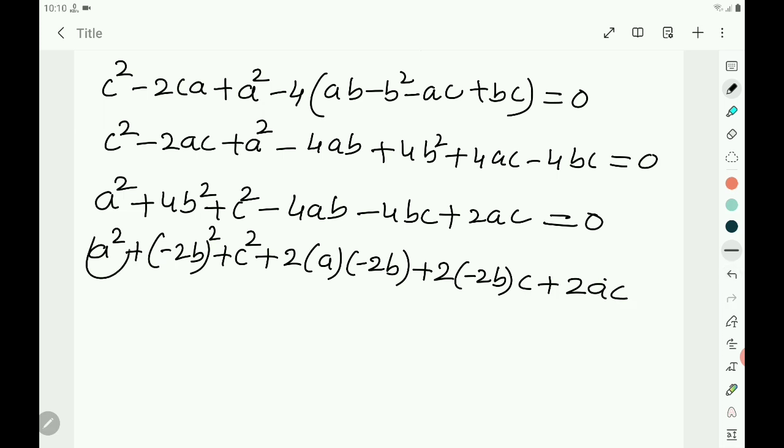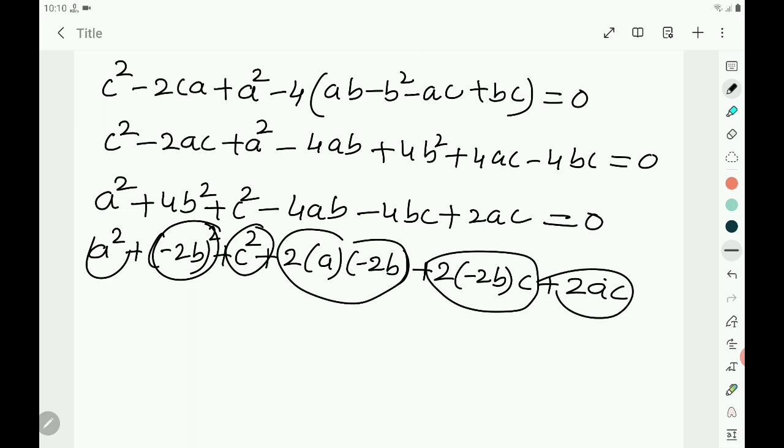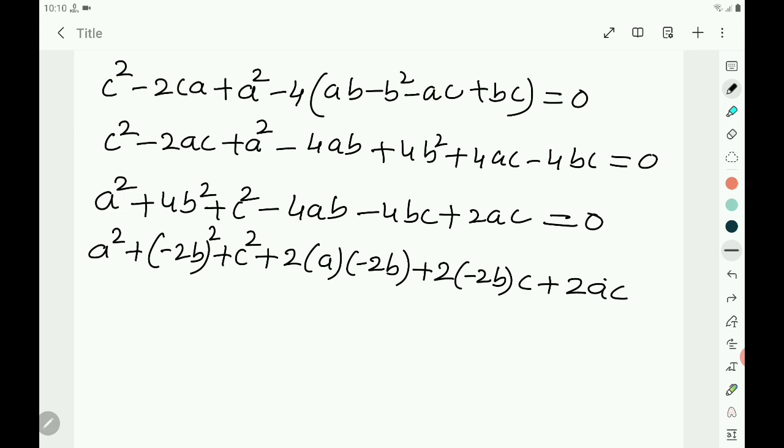That is a square plus b square plus c square plus 2ab plus 2bc plus 2ca. Here you can write in order 2ca. In the place of a only a, in the place of b, minus 2b, in the place of c, c only. So you got the form a square plus b square plus c square plus 2ab plus 2bc plus 2ca, which is equal to 0.